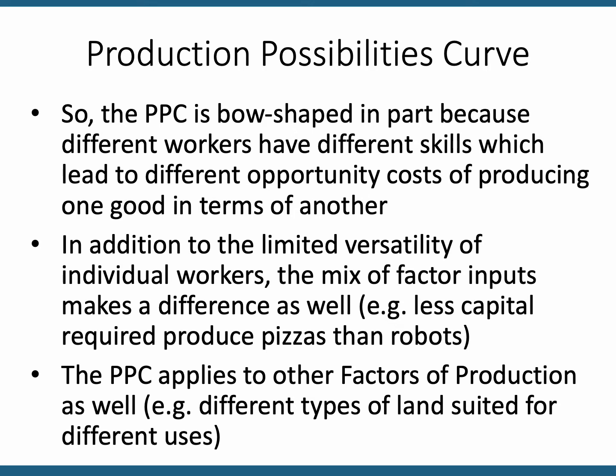So again, here's an explanation as concisely as I could possibly have worded it. It's bow-shaped in part because different workers have different skills which lead to different opportunity costs of producing one good in terms of another. In addition to the limited versatility of individual workers to produce pizzas or robots, the mix of factor inputs, meaning different types of resources, makes a difference as well.